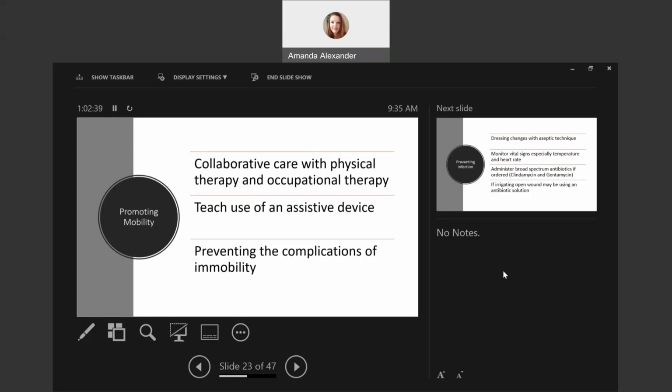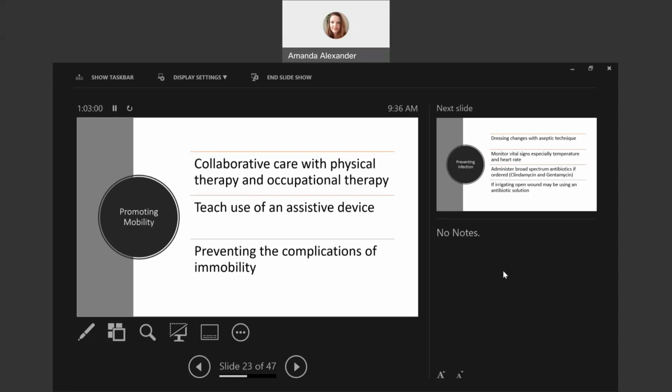So teaching them proper body mechanics is going to be important. When we're thinking of skin, we want to talk about some of the things that come along with the damage. We want to do our assessments for breakdown. We're looking for pallor, bony prominences. We're checking skin turgor.